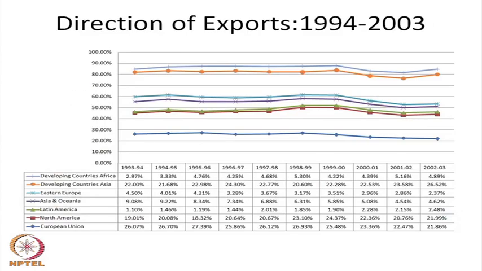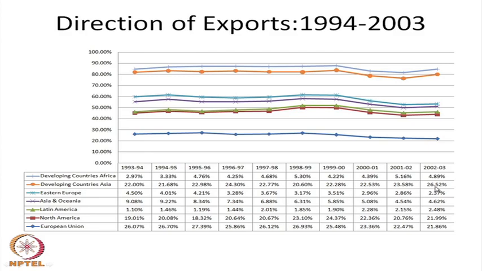So, if you see after 94 till 2003, the changing pattern, the changing direction of our export, the share of developing countries of Africa has increased. Similarly, for developing countries within Asia, our share has significantly increased.